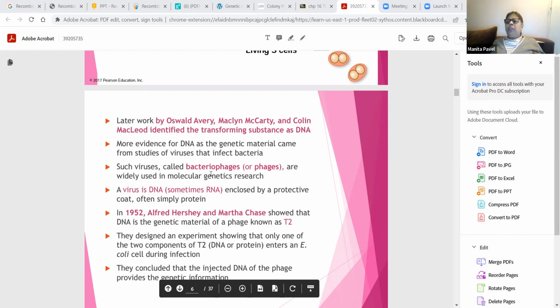More evidence for DNA as the genetic material came from studies carried out on viruses that infect bacteria. And what then is a bacteriophage? A bacteriophage, or we simply call it a phage particle, is a virus that infects a bacterium.